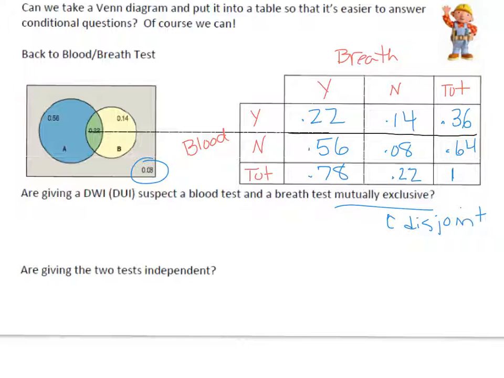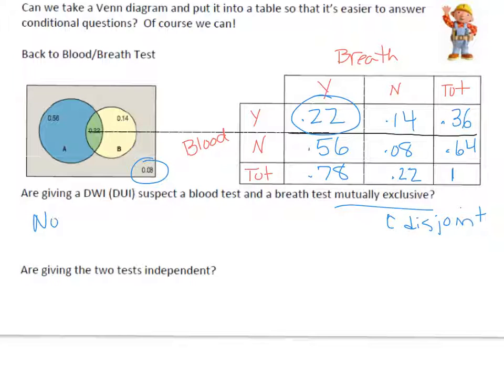And we can determine that by looking at this cell right here, the yes and yes cell, the intersection of breath and blood. And since the intersection of breath and blood has a positive, non-zero value in it, we know that they are not disjoint, they are not mutually exclusive.